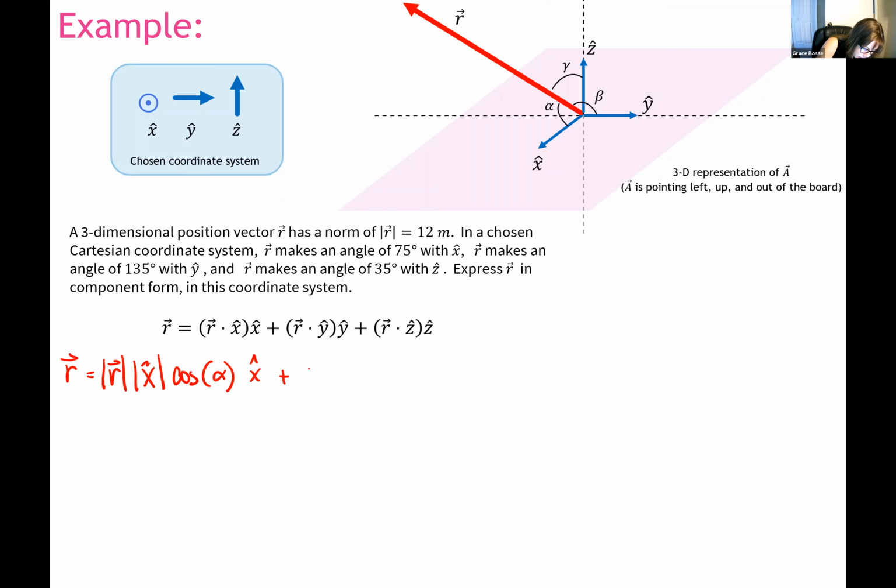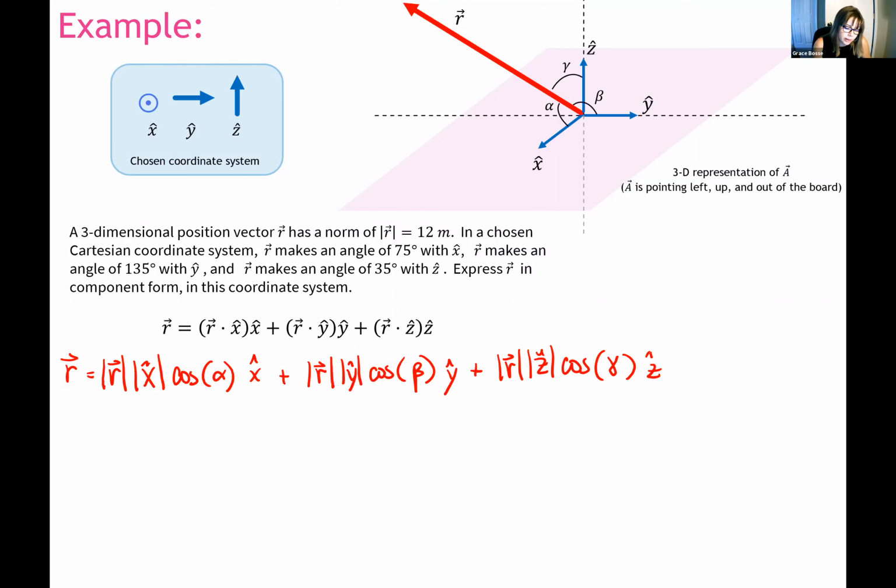All of that times x hat. Then in the next term, I see the norm of vector R times the norm of unit vector y, all of that times the cosine of the angle between them, which I am calling beta. All of that times y hat. Then norm of the vector R times norm of the unit vector z times the cosine of the angle between them, which I'm calling gamma. And all of that gets multiplied by z hat.